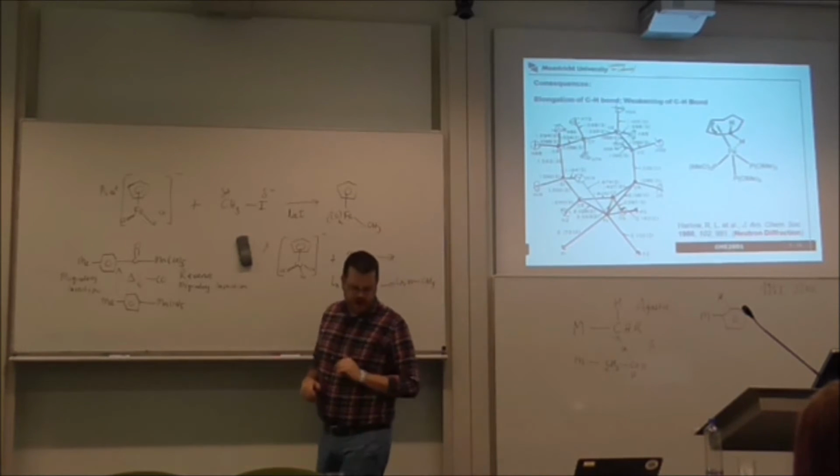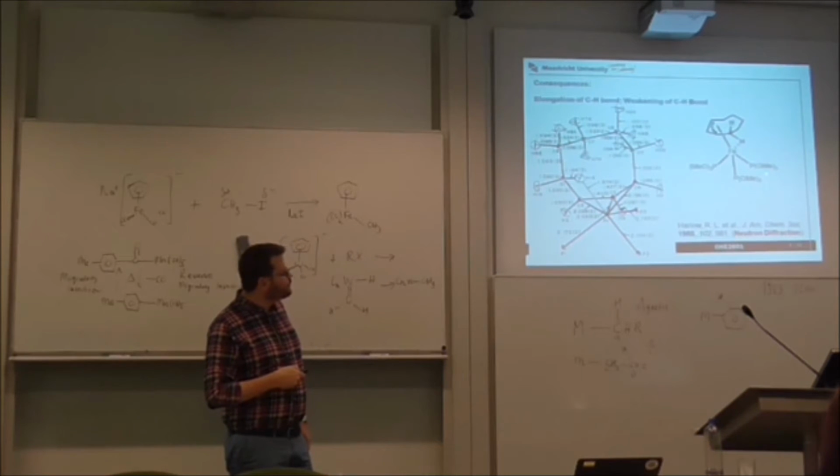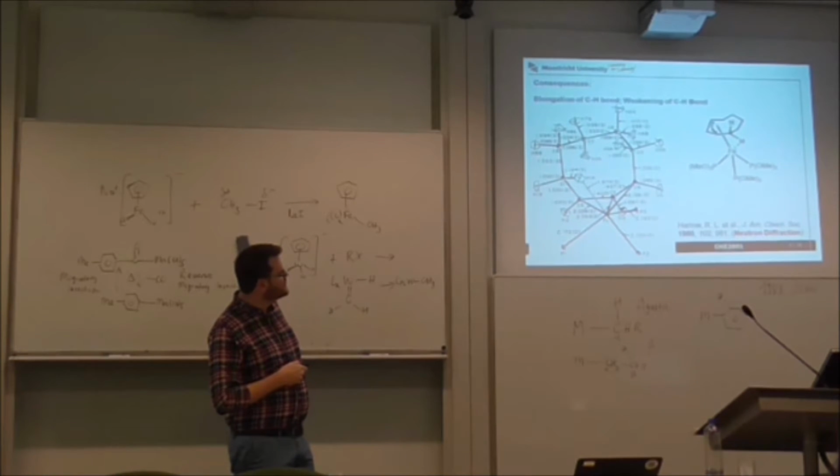So this is the first example, 1980, of a neutron structure. These bond lengths have been identified by neutron diffraction, which is much more accurate. Here, 1.164 angstrom is the distance between this carbon and the iron. And here you can see the distance between this hydrogen, which is forming an agostic interaction with the iron, is 1.87 angstrom.